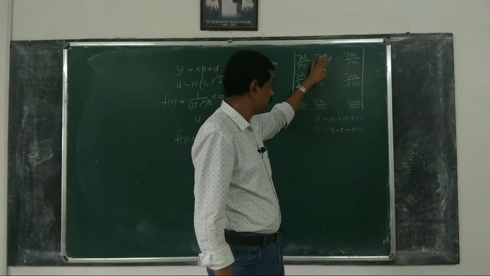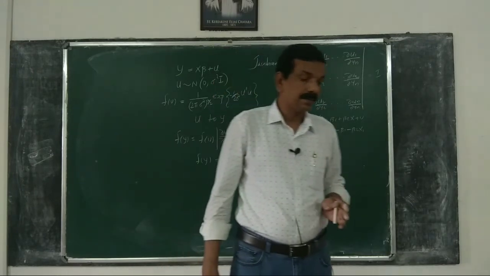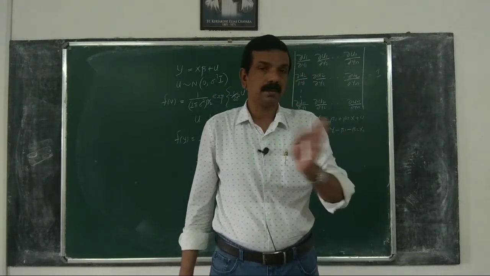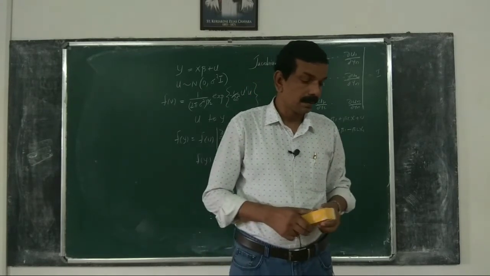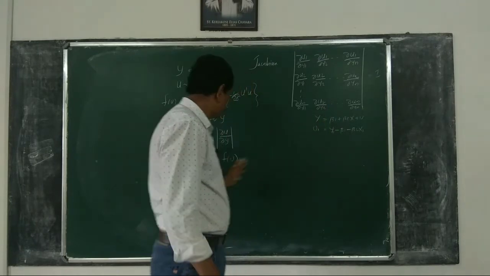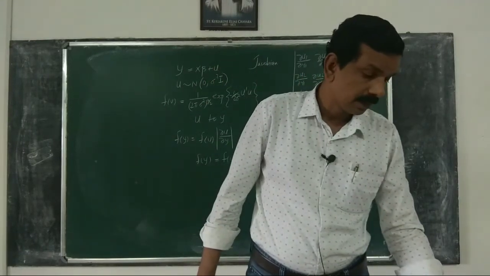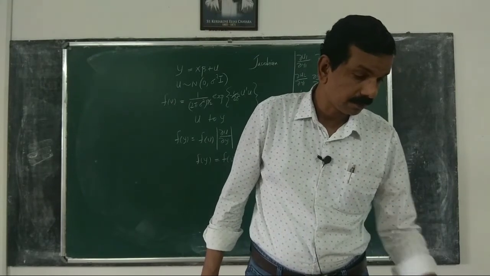And remember this is the Jacobian, the absolute value of the determinant. So, as this is an identity matrix, we can write Fy as equal to Fu.